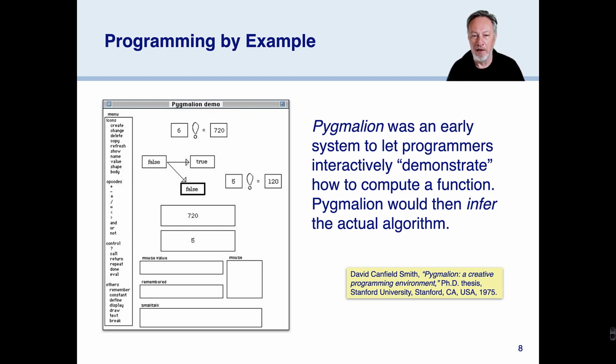So in this particular case, we tell Pygmalion that we want to compute factorial of 6, so we draw a 6 and we draw an exclamation mark, and then we explain to Pygmalion that if this value 6 is equal to 1, then we do one thing, and if it's not, then we have to compute 6 minus 1, so then we have factorial of 5.